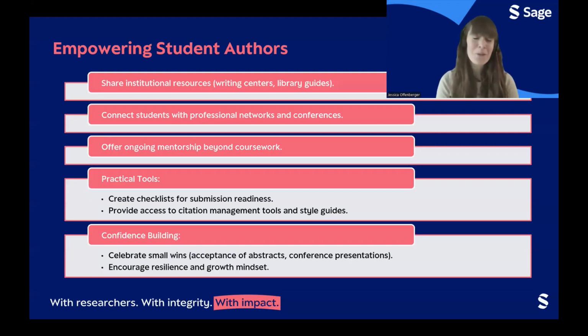And then, just like we try to do with all of our team, work on confidence building. So, celebrating those small wins, and encouraging resilience and a growth mindset.